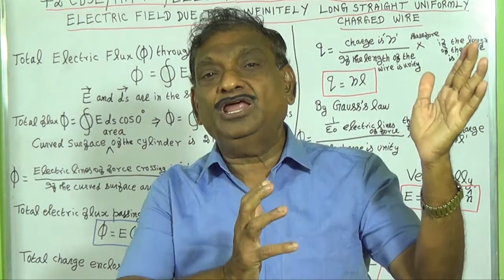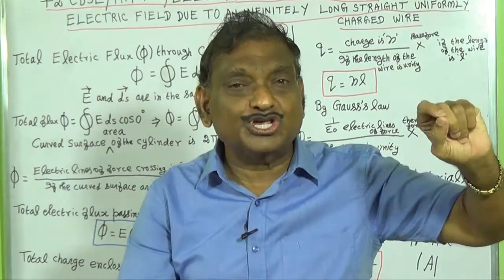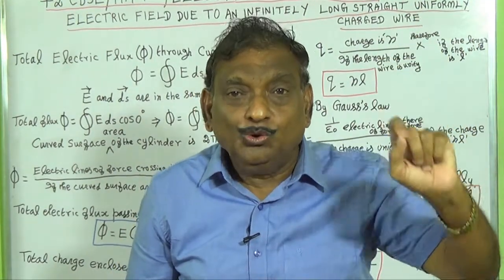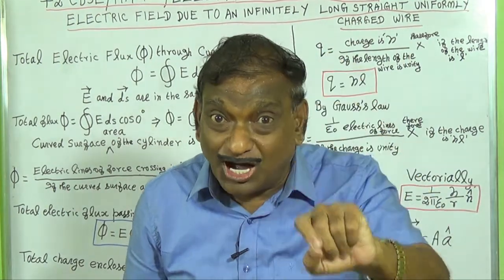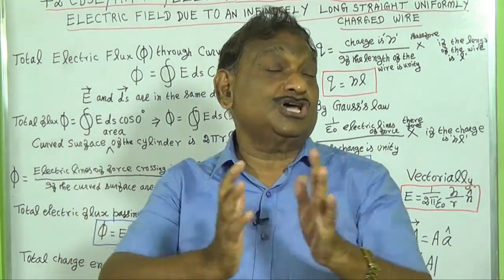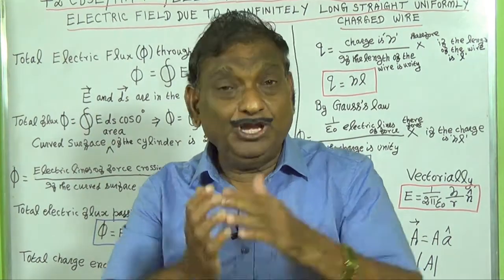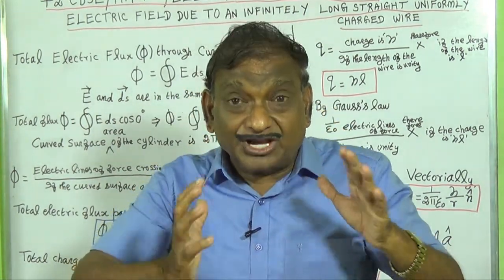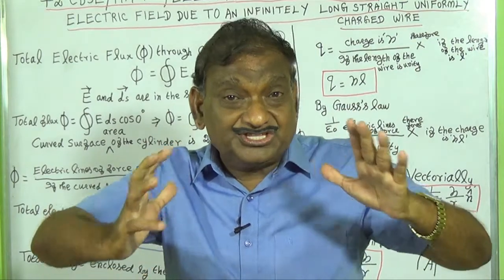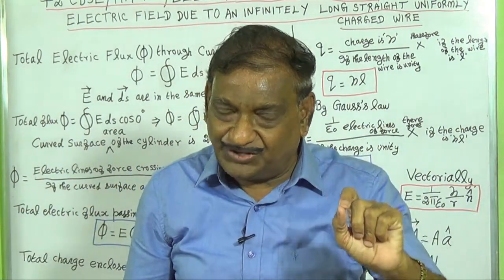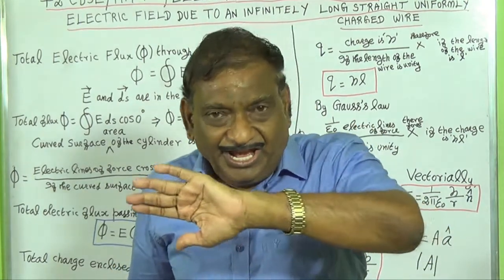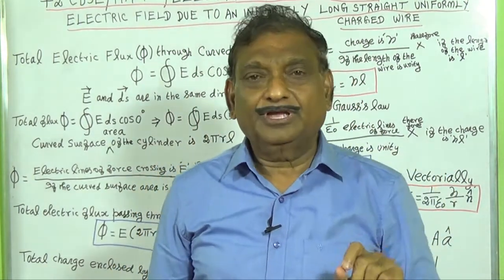The electric field is also the force experienced by a unit positive charge. So both charges are positive. We know that like charges will repel each other, so the direction of the electric field is radially outward.